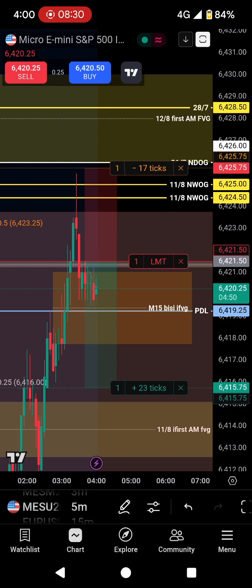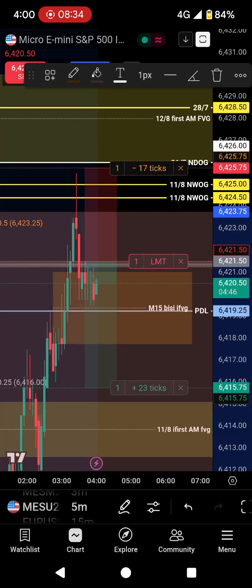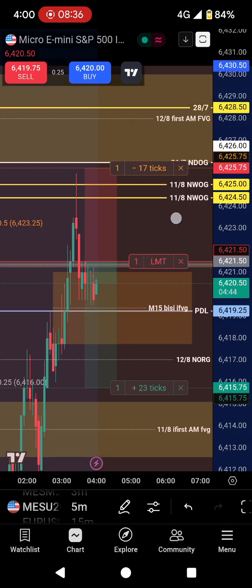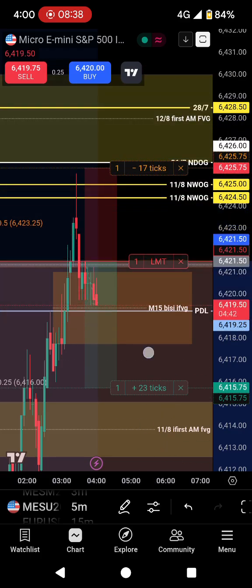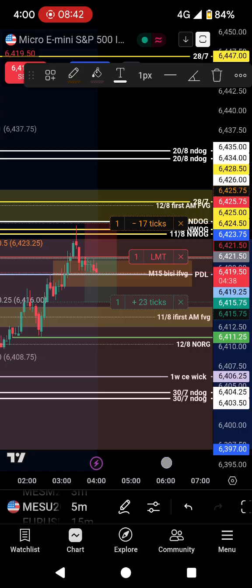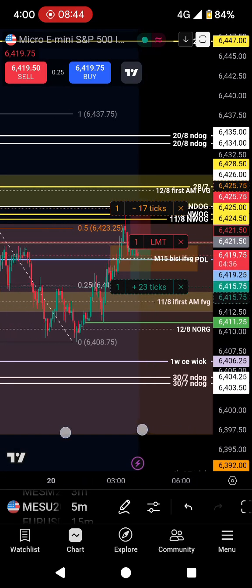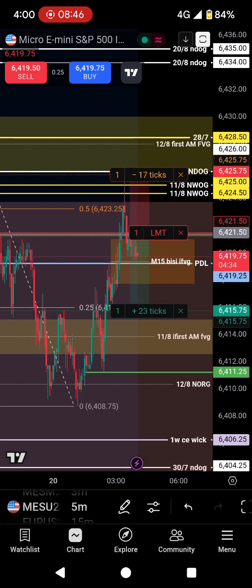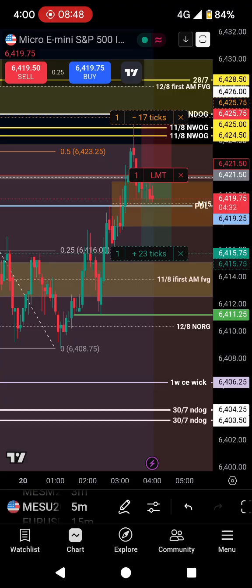Later I'm just going to see if we get filled or not. Anyway, this new opening range gap, not really important, right? Is this new opening range gap important? Not really.